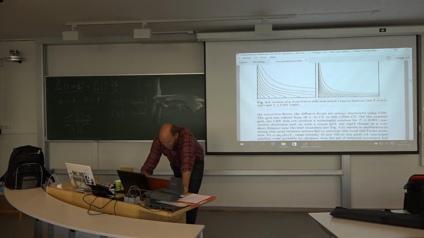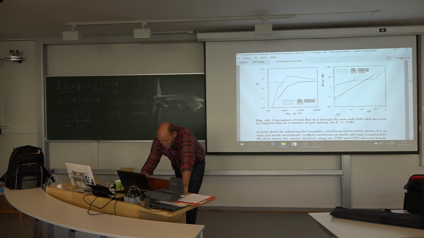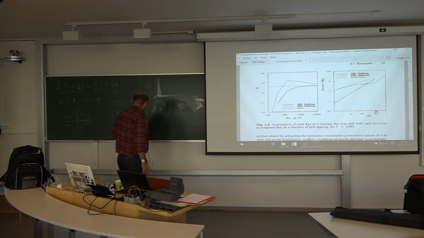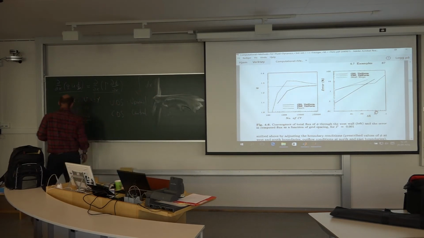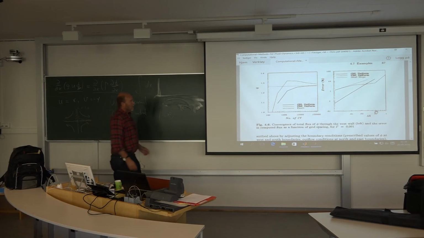So yes, you get the same results there. What is more interesting is these. So here they actually calculate the flux that should enter through this wall. You can do that numerically, and you can integrate up to have an analytical solution. So you sort of have a test value.